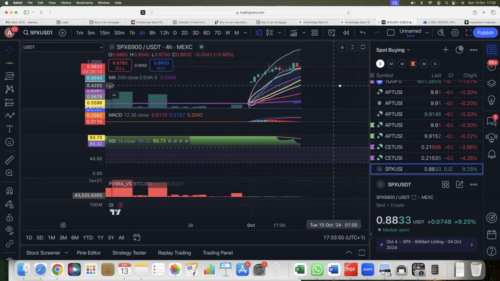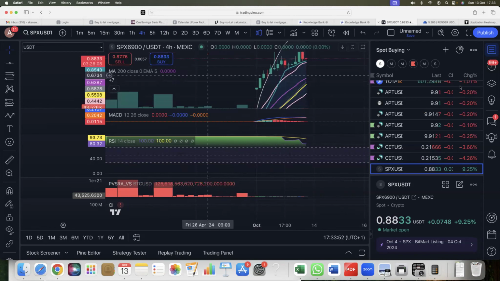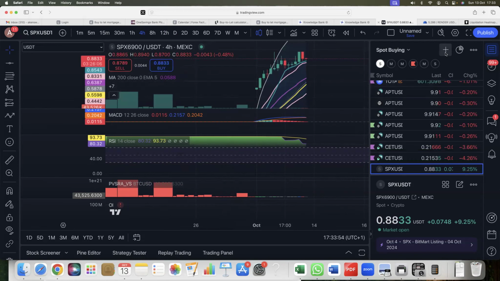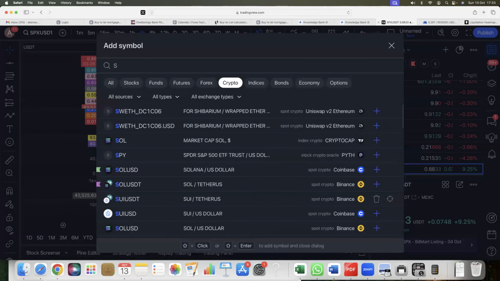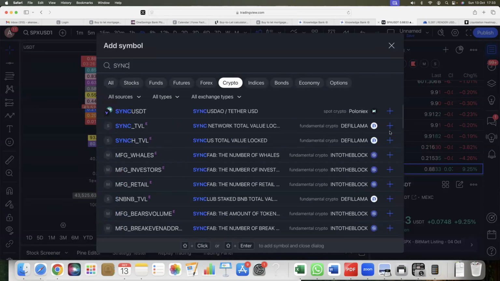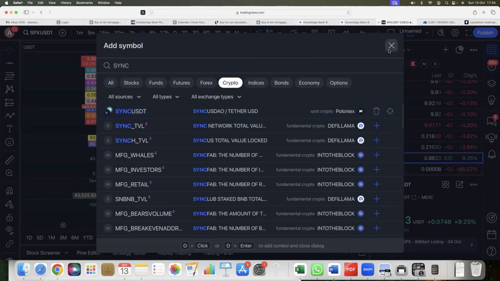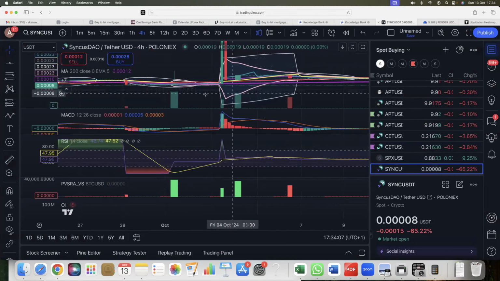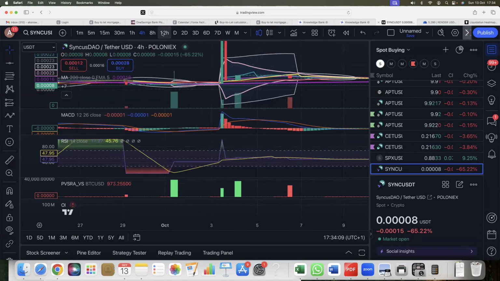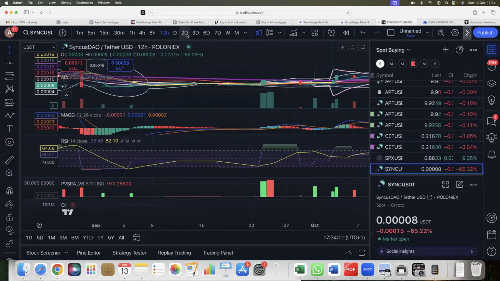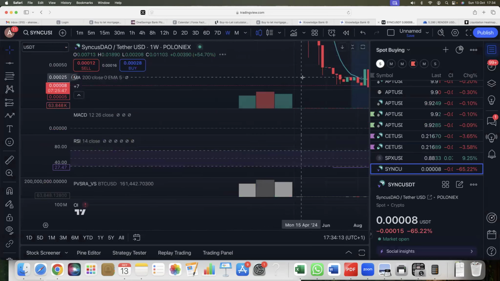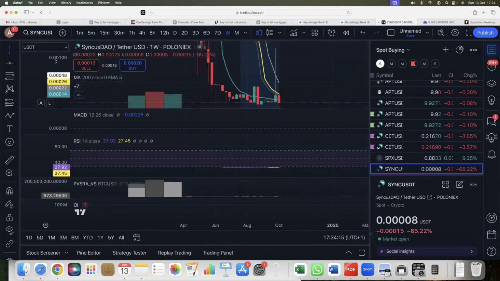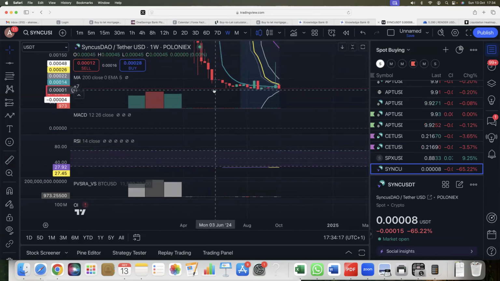I think you remember when you had CETUS, yeah? Let me just bring up CETUS. CETUS was another one that went down. I remember when you flagged this coin, it did the same thing, right? So let's go to a higher time frame. We can pick it up on a higher frame. So CETUS did a similar thing.